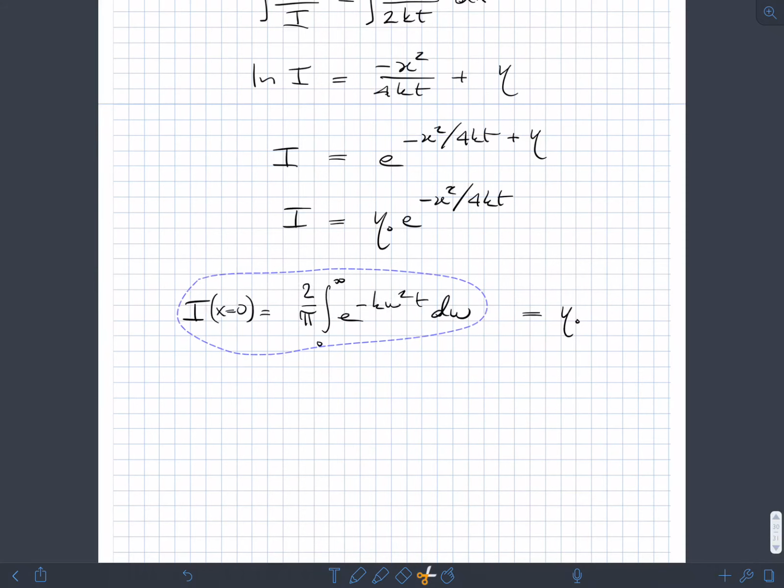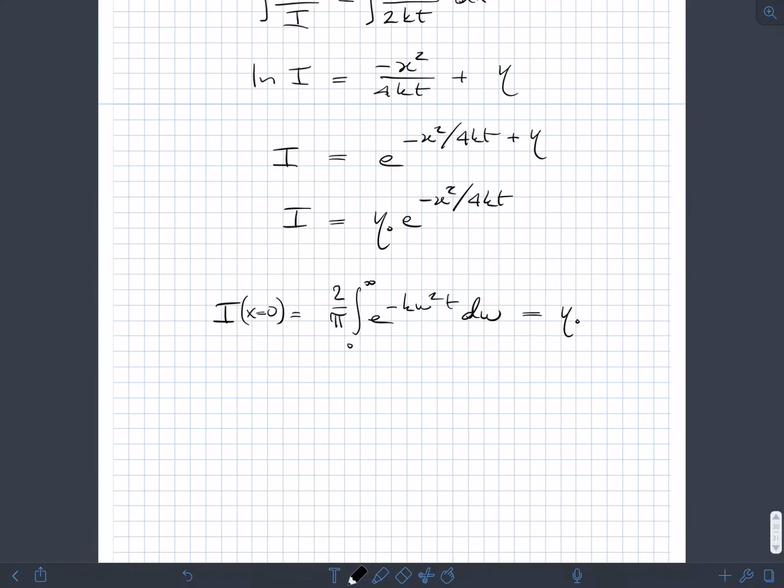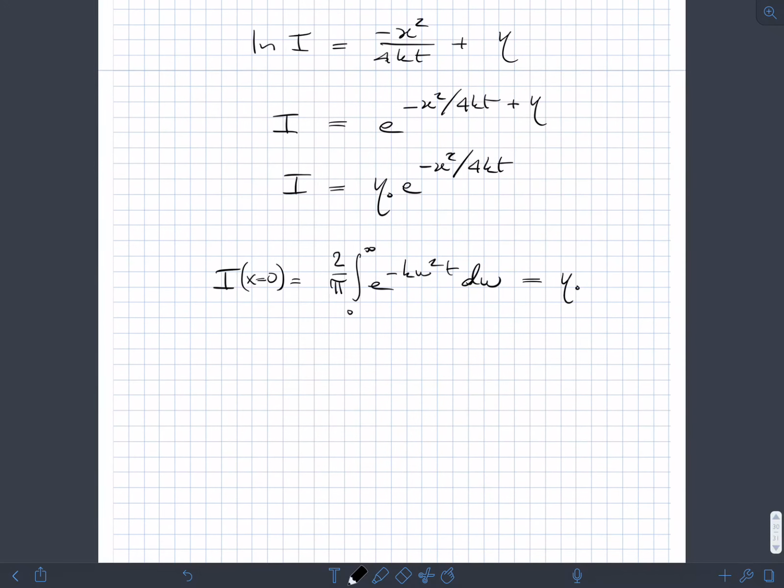That's very good. I'm happy to integrate Gaussians. They always are nice, and they give good results. They're nice symmetric functions. So we have 2 pi. I just need to make a substitution here. What variable do I want? Let's say capital omega equal.